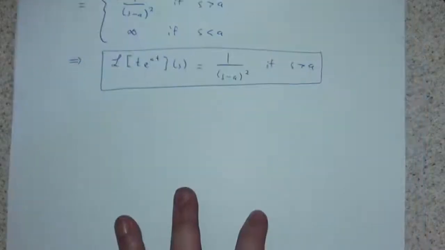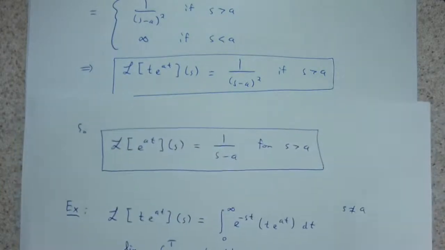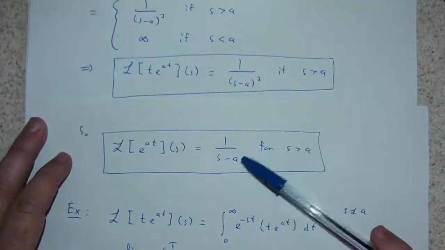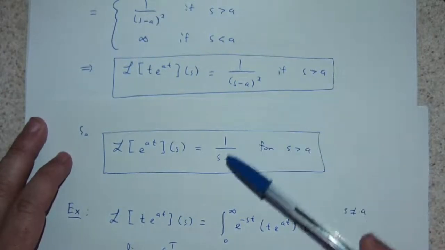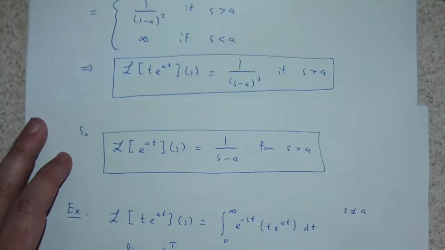Okay. All right. Now, looking at this compared to what we got here when we just did e to the at, it may not be totally apparent here what the relationship between these things is. You might say, well, okay, it's the same, but I've squared the denominator.